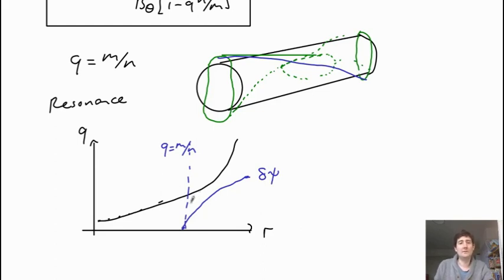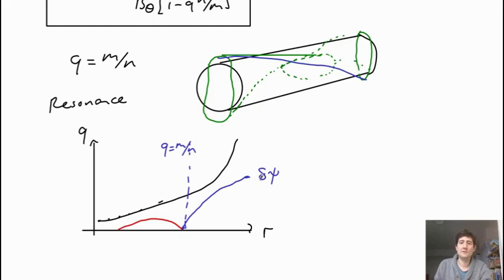In a tokamak, this is a little bit different, because the curvature of the bending around in a torus means that the different mode numbers m and n are not good quantum numbers. So m modes couple together, and you can end up with modes on the inside like this.